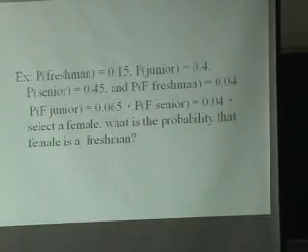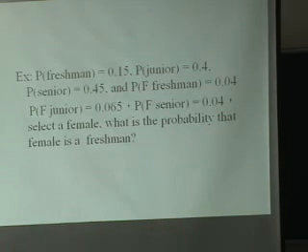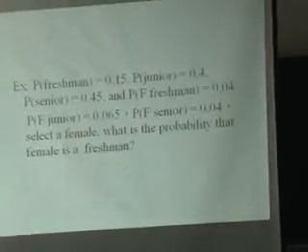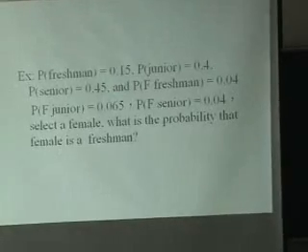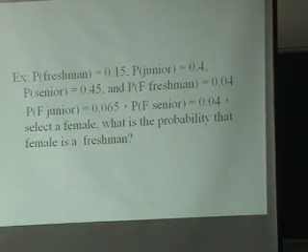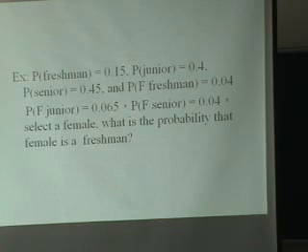And we have other information: if we already know this person is a freshman, the probability he is a female is 0.04. Given that you have chosen a junior, the probability of being female is 0.065. And given this person is senior, the probability that it's female is 0.04. So that's all the information you know.